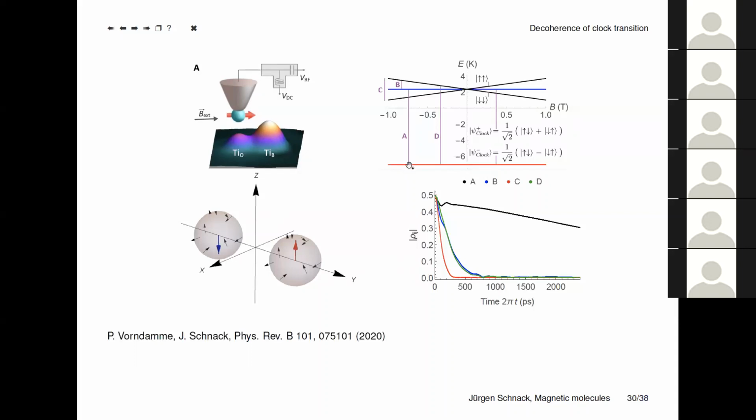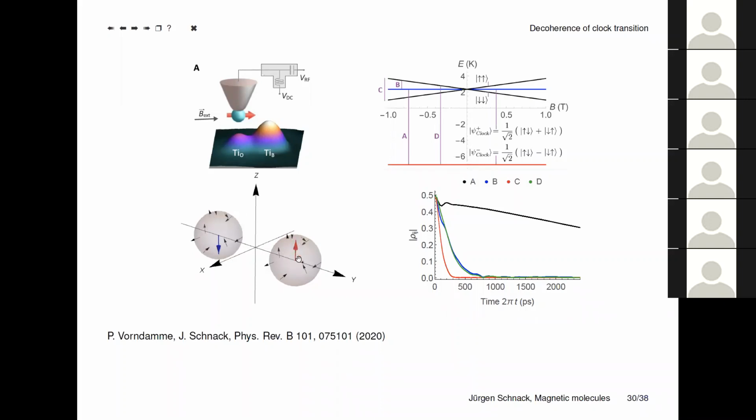And what they now investigate is whether they can install or initialize a so-called clock transition. This is here now transition A, where you linearly superimpose the two m equals 0 levels. And they measured how this decays. So what's the decoherence time of this? And we did the same by running the full Schrödinger equation for the dimer with a small surrounding of environmental spins.